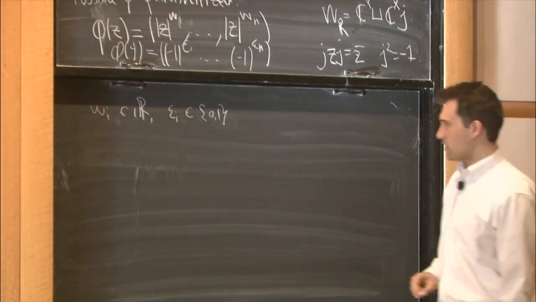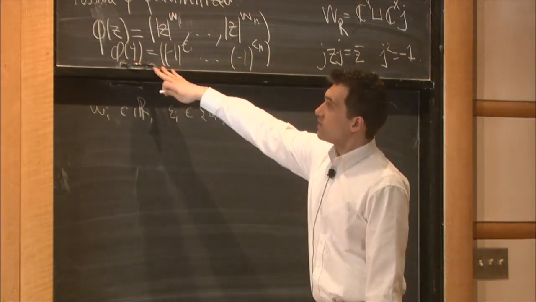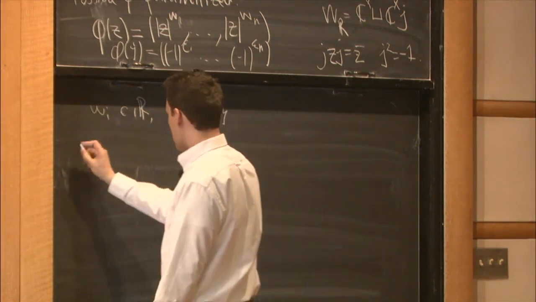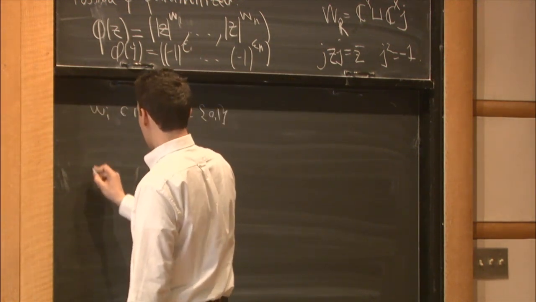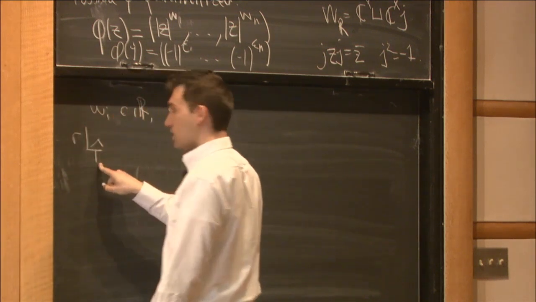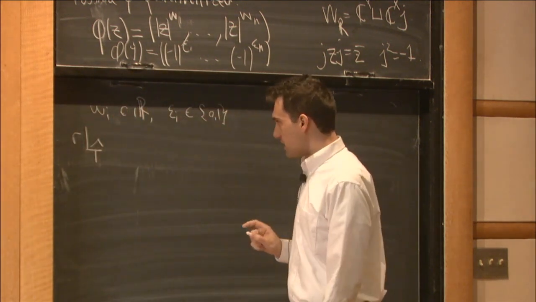Then I need to bring in my representation R. I only care about R restricted to the connected component of the identity.